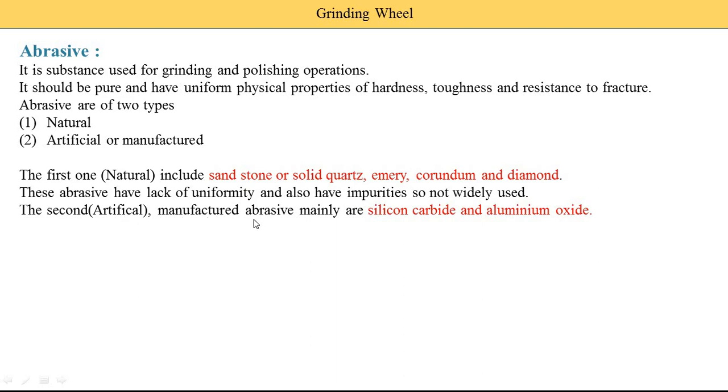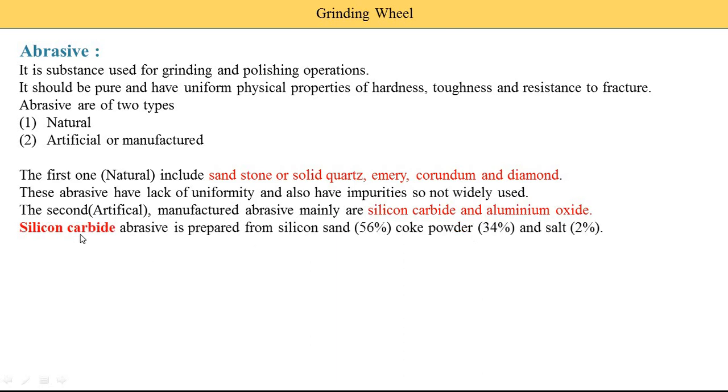Manufactured abrasives are mainly silicon carbide and aluminium oxide, used in grinding wheels. First we study silicon carbide. Silicon carbide abrasive is prepared from silicon sand 56%, coke powder 34% and 2% salt.